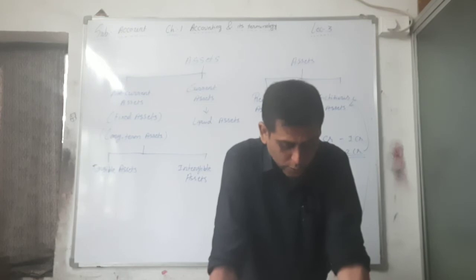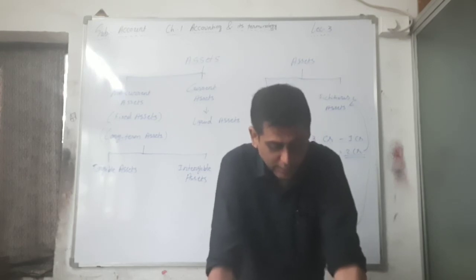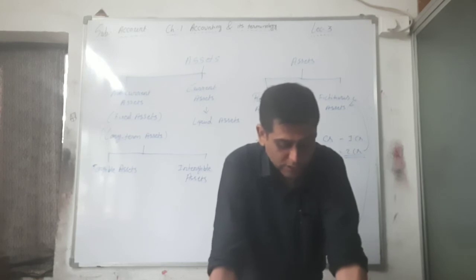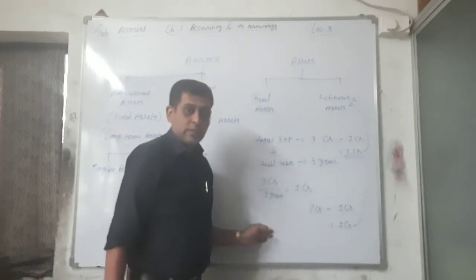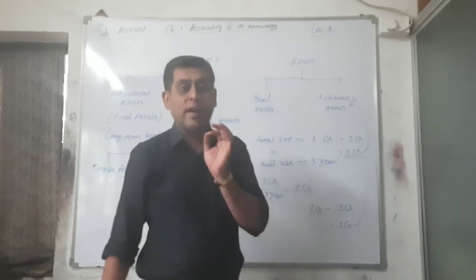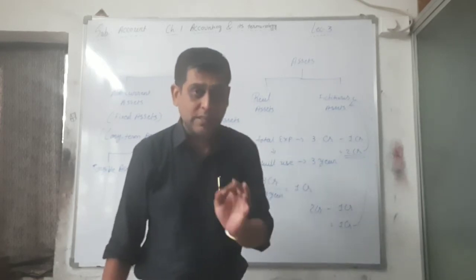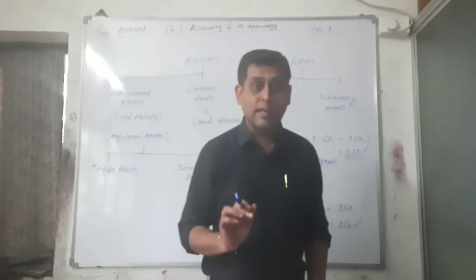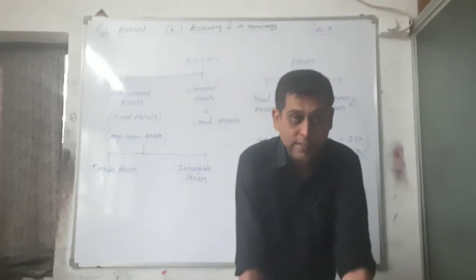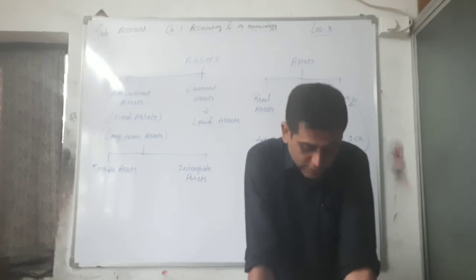Issue cost of the share and debenture, preliminary expenses, share or debenture discount, etc. are the illustrations of fictitious assets. See, I am giving the example of advertisement campaigning expenses, and this is also your fictitious asset, right?